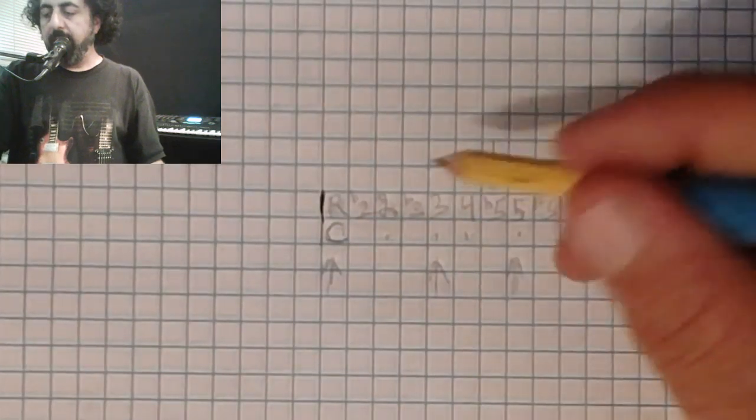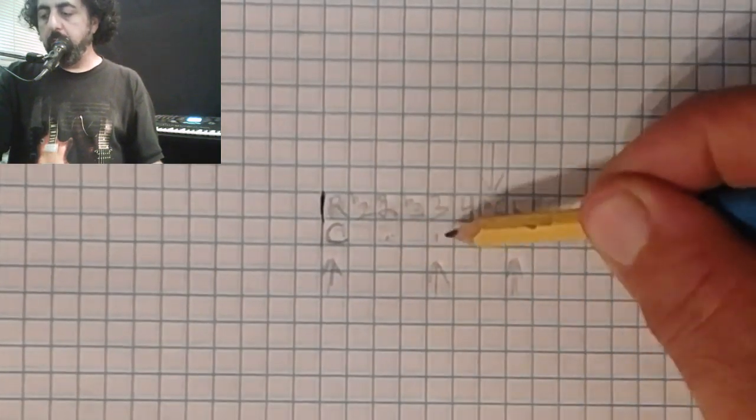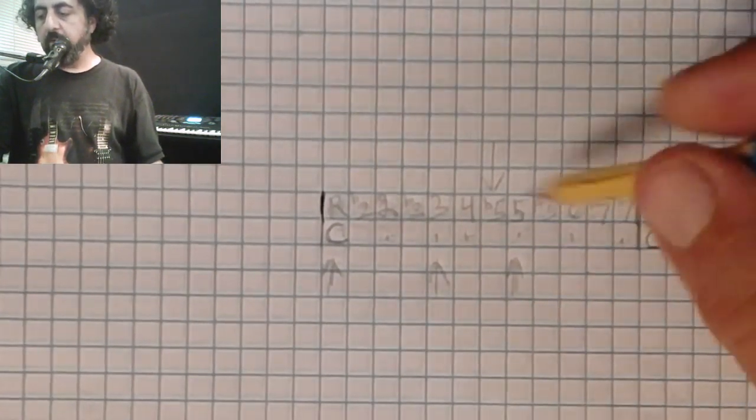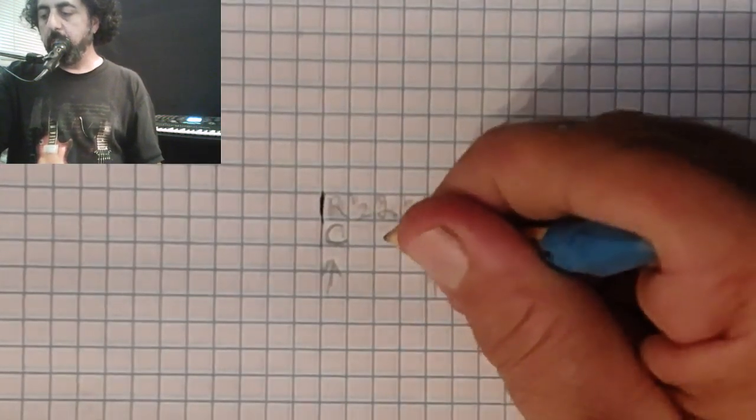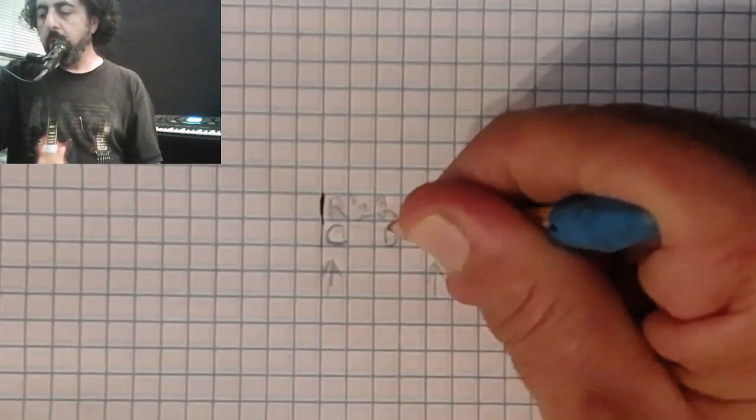Now I can do that from each one of the notes in the scale. So for example, the C, we'll put our note names here.